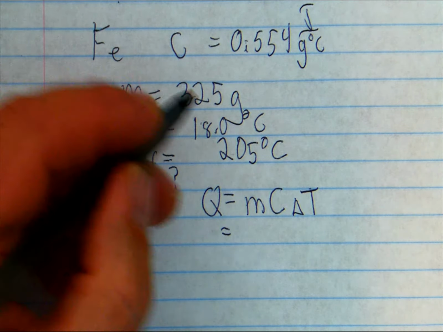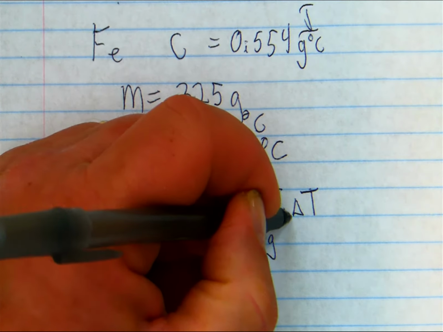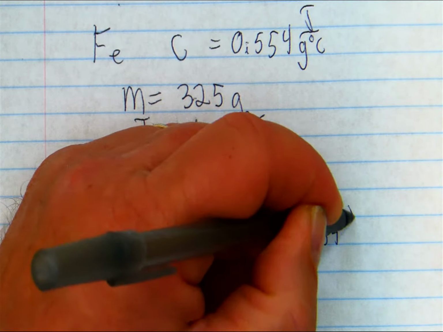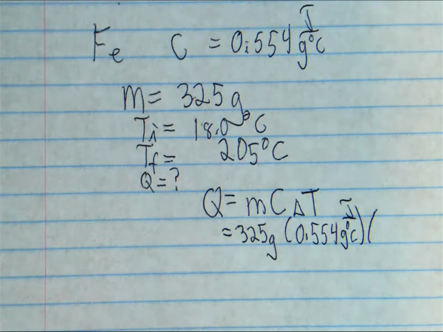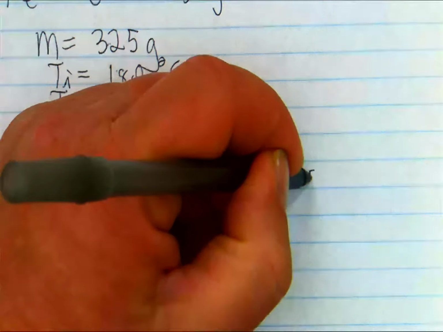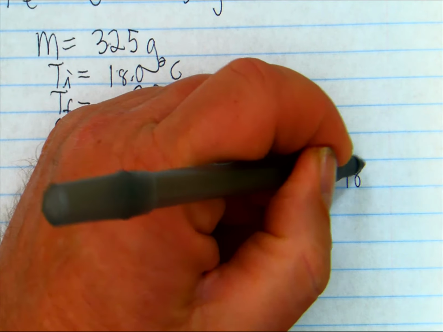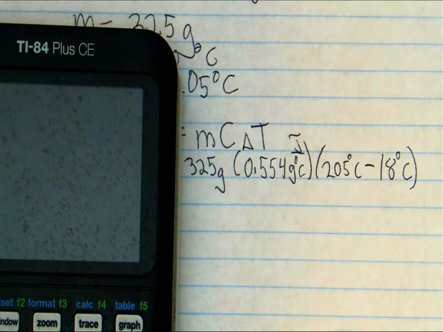So this would be 325 grams times 0.554 joules per gram per degree Celsius times the change in temperature, which is 205 degrees Celsius minus 18 degrees Celsius. Put all that into your calculator.